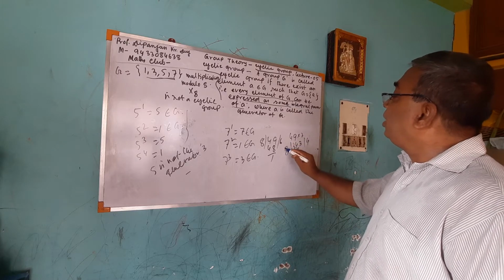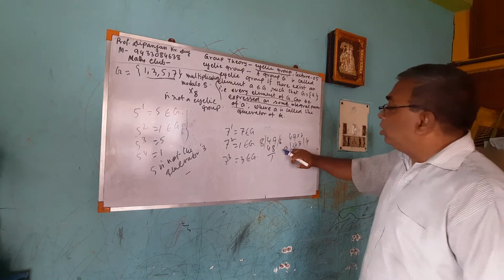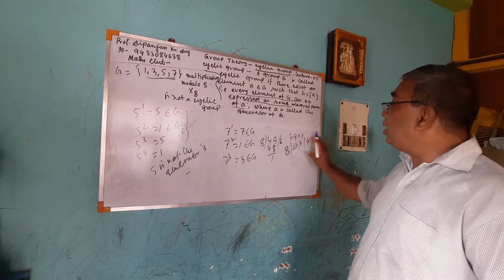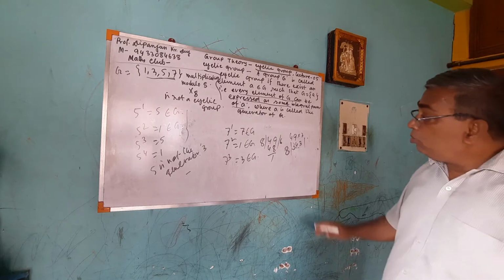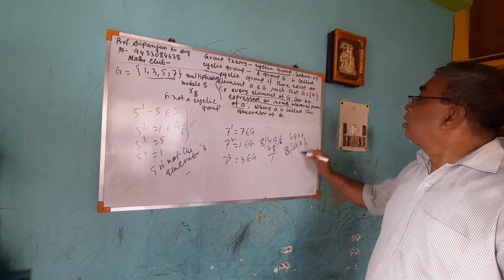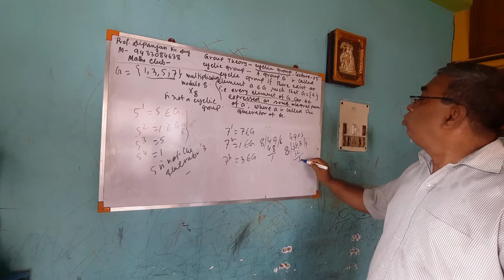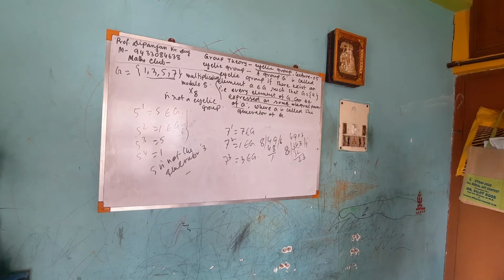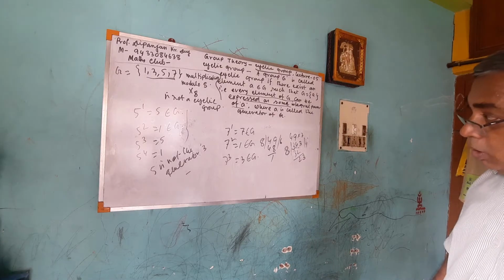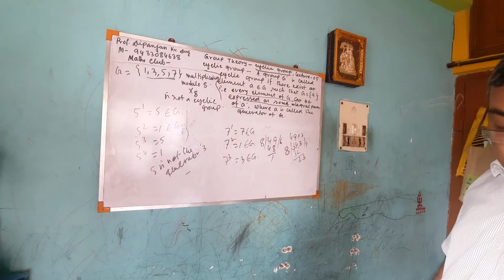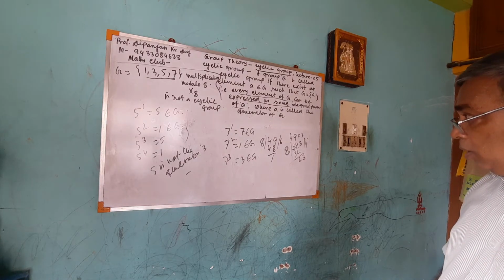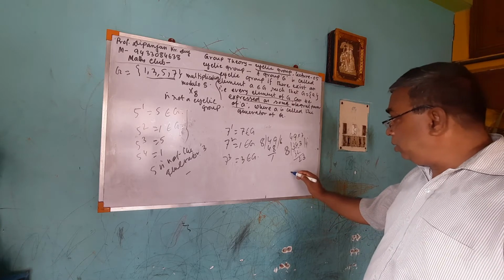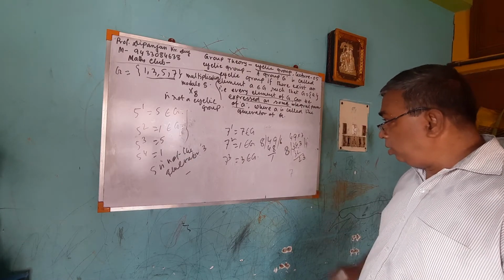Sorry, you have to divide by 8, not 7. Be careful, because multiplication modulo is 8. 3 we are getting. 3 belongs to G.